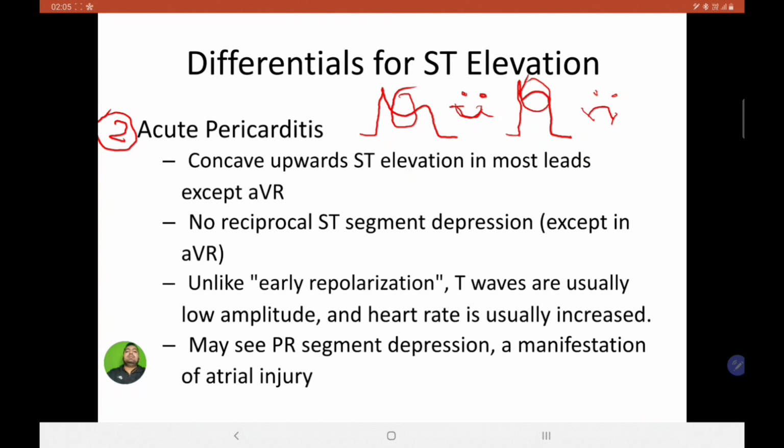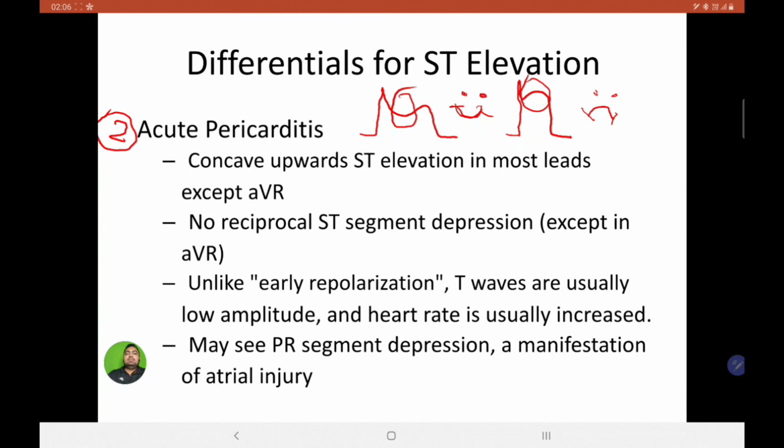And what happens in an acute myocardial infarction? There is ST segment elevation in the leads which are towards the direction of the vector, and there is reciprocal change in the corresponding leads. For example, if there is infarction of the anterior wall, there should be ST elevation in the leads facing the anterior wall of the heart, and ST segment depression, or reciprocal changes, in leads 2, 3 and AVF.